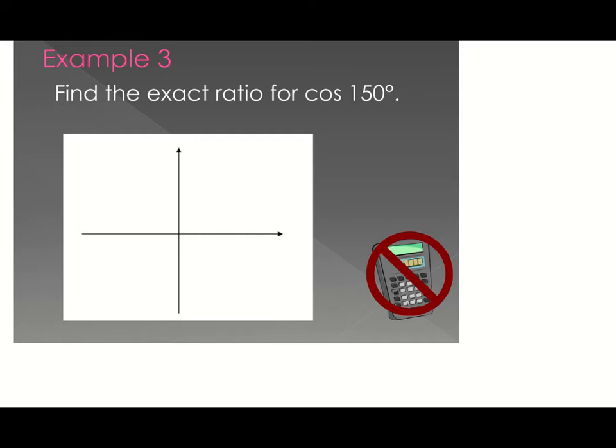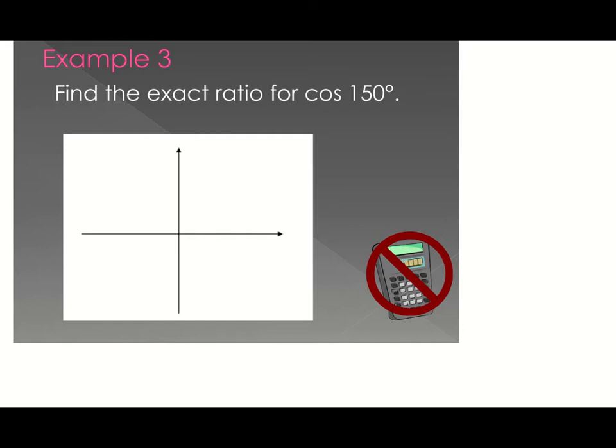All right, so hopefully you tried this one out. So if we draw 150, it's going to be between 90 and 180, so it's going to be in quadrant 2. And if we find our reference angle, it's 30 degrees, so across from 30 is 1, hypotenuse is 2, and our side across from 60 is root 3, but it's going to be negative in quadrant 2.